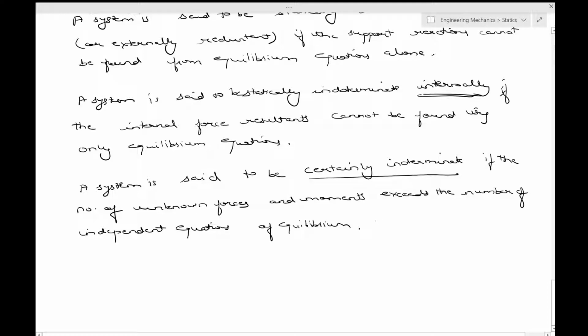Okay, so this is a sufficient condition for static indeterminacy.